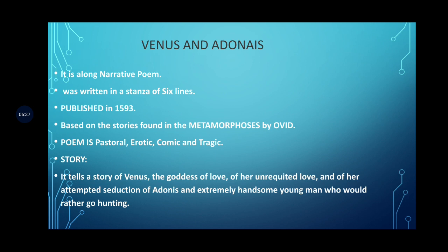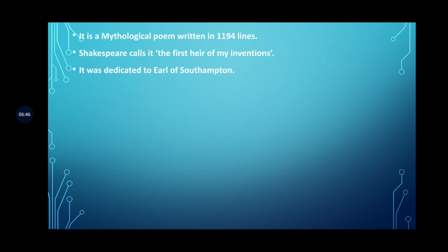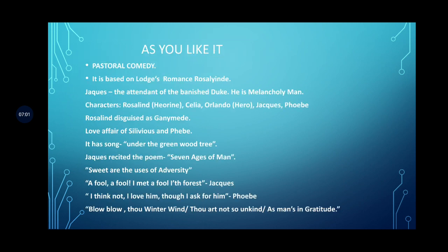You need to know what the story is, the background, and when it was published. So that's all that I have written in this particular point. It is a mythological poem written in 1594 and Shakespeare called it the first heir of my invention. It is dedicated to the Earl of Southampton.